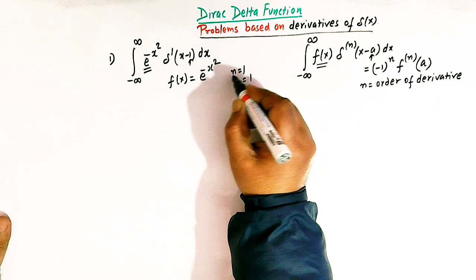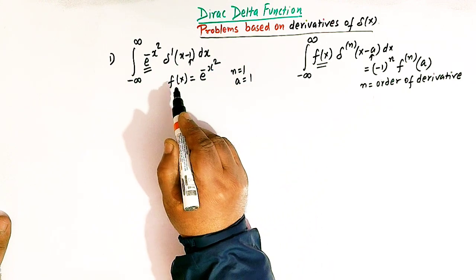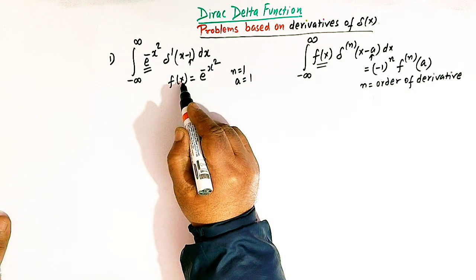Now since n is equal to 1, we have to find the first derivative of f of x.